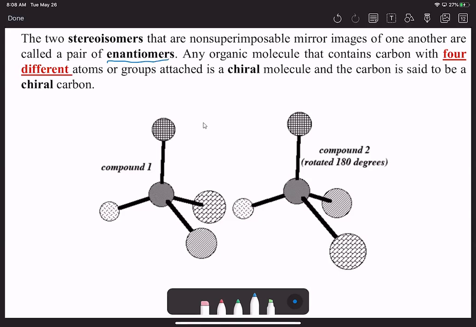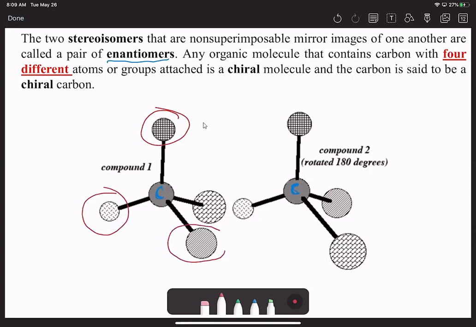Right. So any organic molecule that contains a carbon, and we're going to consider this one in the center to be carbon here. As long as I have 4 different groups attached, we have this pattern here. It doesn't really matter what the element is.